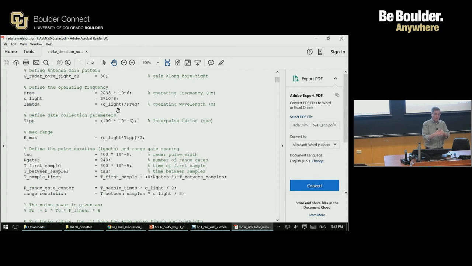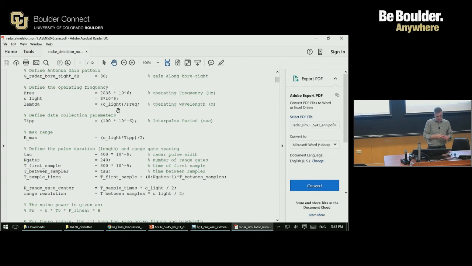Once we know the velocity after the fact, then we'll know the decorrelation time. But we don't know what the target's doing until after we've analyzed the data. We set up the system to have a maximum velocity and maximum range, so that given the wavelength, we know what the decorrelation time would be. So yeah, that's a good question.